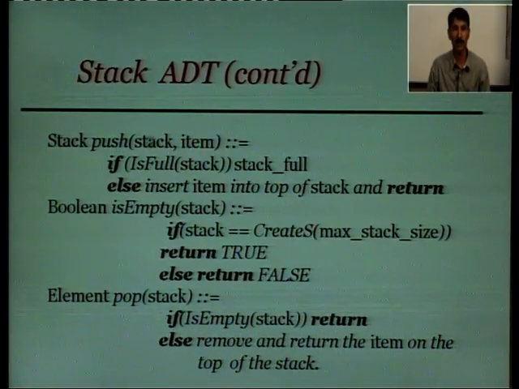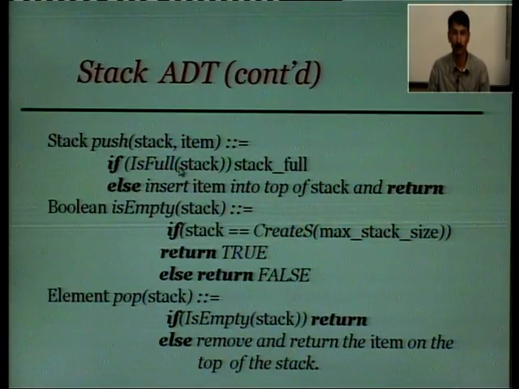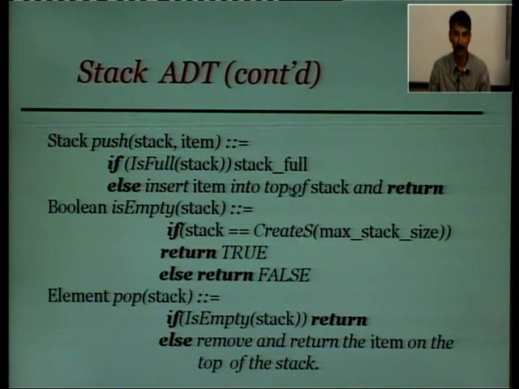While pushing the element, as I told you, we need to check whether the stack is full or not, using the function we just saw in the last slide. If the stack is full, you simply return the message, otherwise insert the item into the top of the stack and return. You add the element and then return the new stack to the main function.